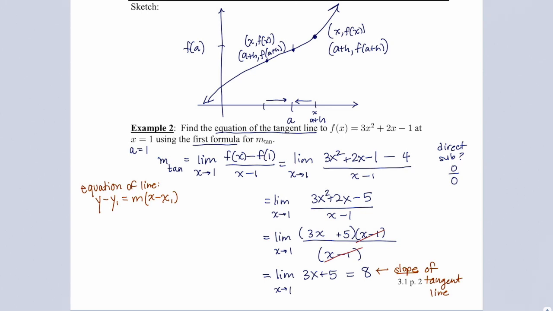So most of the time you're going to want to use point slope form, and often we're actually going to want to use a slight rearrangement of that. We are going to want to move the y1 to the other side. So we can say y is equal to the slope of the tangent line times x minus a, which will be our fixed x value, plus our y1, which will be the y coordinate at our fixed point. So this is the format we will want to use for the equation of the tangent line.